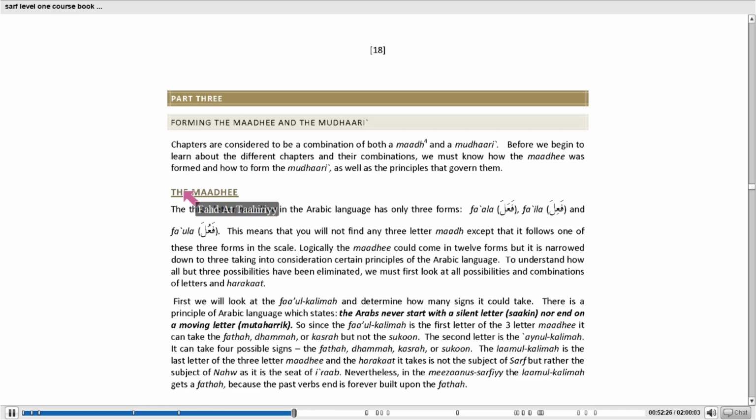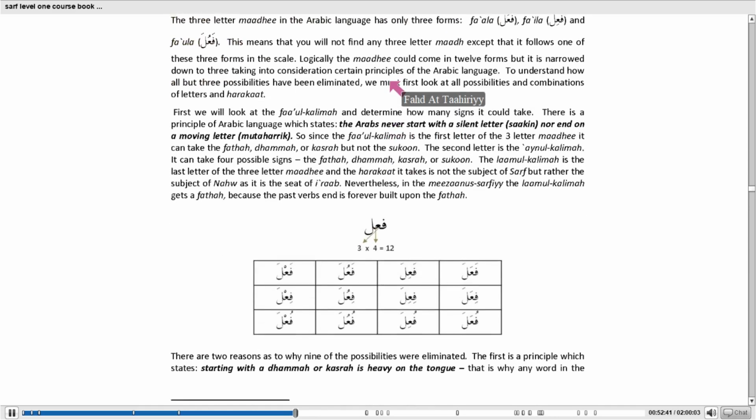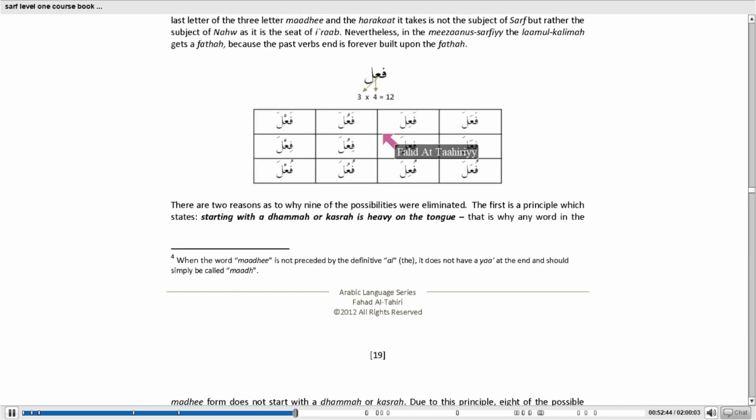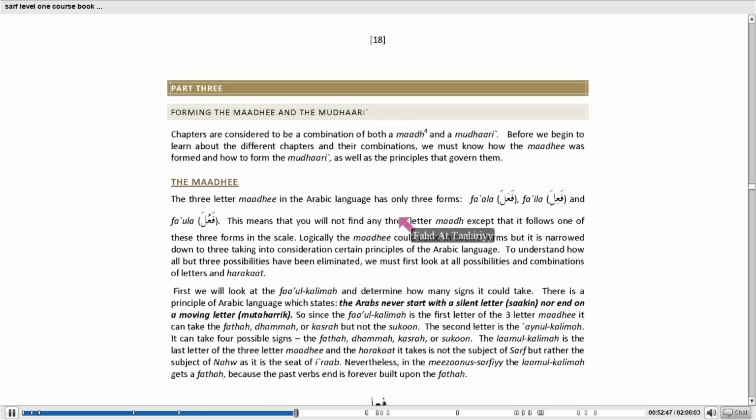Now, chapters in Sarf, what are they considered to be? They are considered to be a combination of both a madi, a past verb, and a mudari'. So you're going to say a chapter in Sarf is a combination of both a madi and its mudari'.